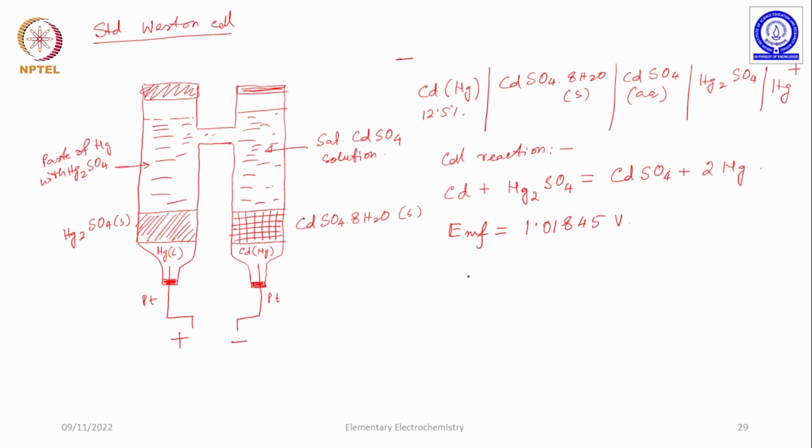So, then when you use that formula Ex equal to AP by AQ, you use this Weston cell to be connected with your unknown cell. So, the potential for that Weston cell will be 1.01845 volt. So, this is how one can determine the EMF of any unknown cell.